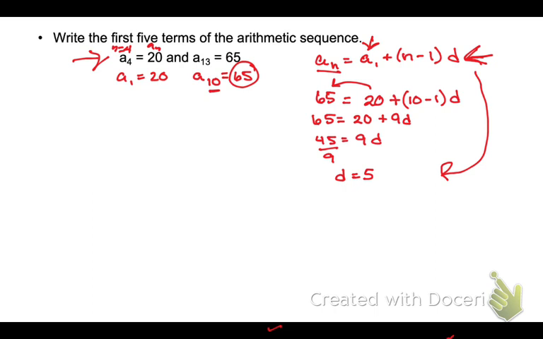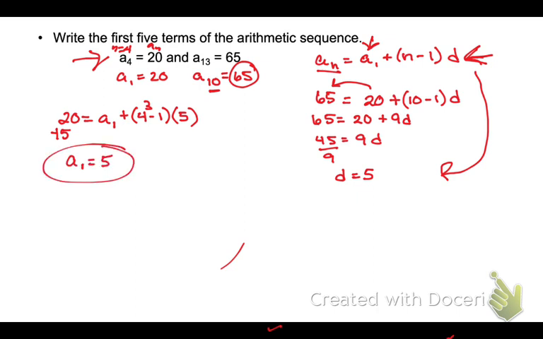So 20 equals a sub 1, because that's what we're looking for, plus n is 4 minus 1 times 5. So 3, so 15 minus 15. Evidently 15 looks like 51 in my head today. So a sub 1 is also what? 5.